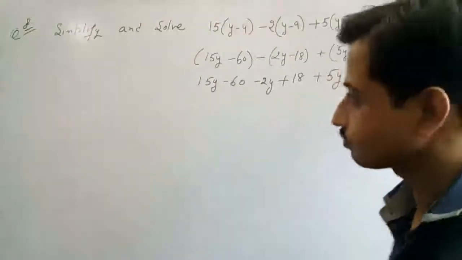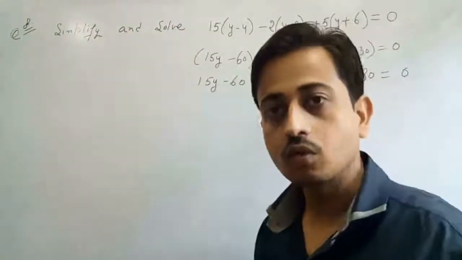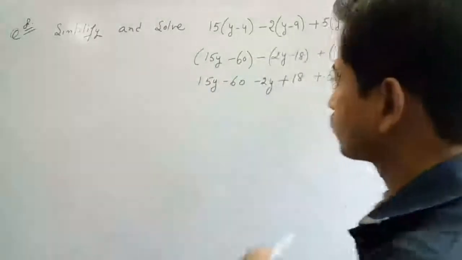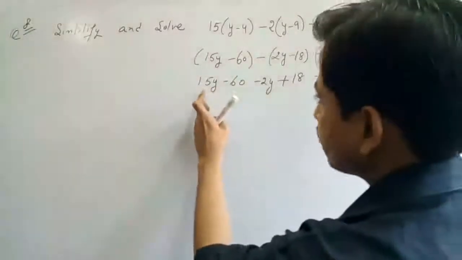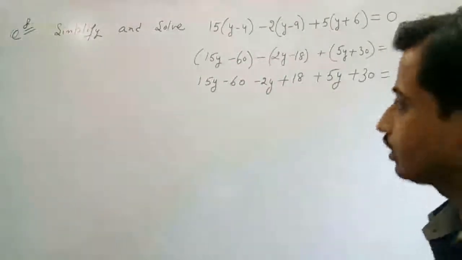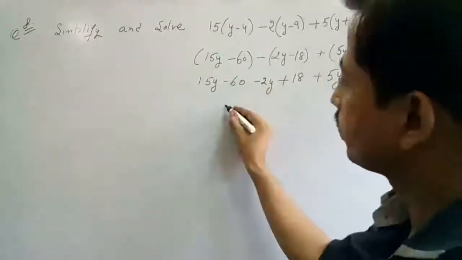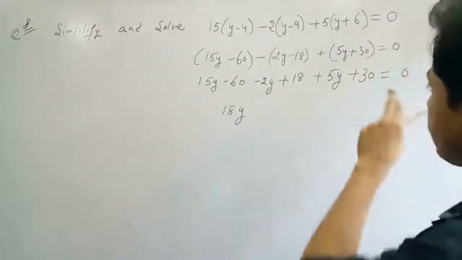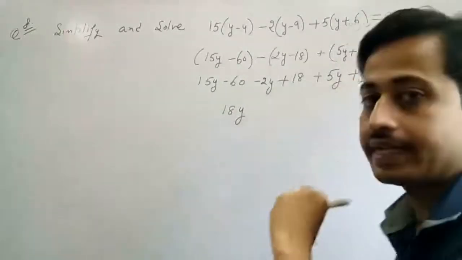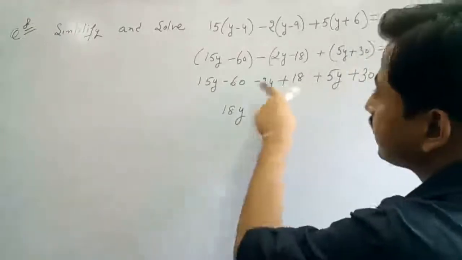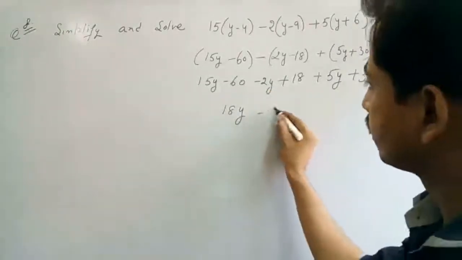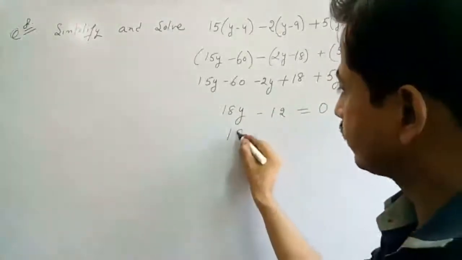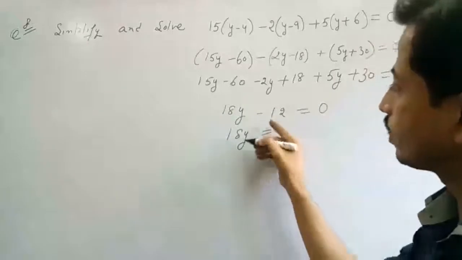Now solve this. In this we have to separate the y terms on the one side and the constant terms on the right hand side. Now solve this. 15y plus 5y, 20y. 20y minus 2y, we get 18y. Now solve the numbers. 30 plus 18, 48. 48 minus 60, we get minus 12, which is equal to 0. Now I am going to take this negative 12 on the right hand side.